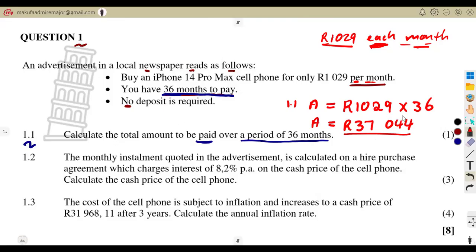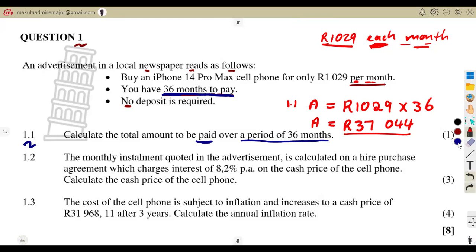All the money that was being paid monthly is going to accumulate to this. It is going to be this at the end. This is your total amount that you're paying. So before you buy, you have to check what it is that you're going to have at the end.